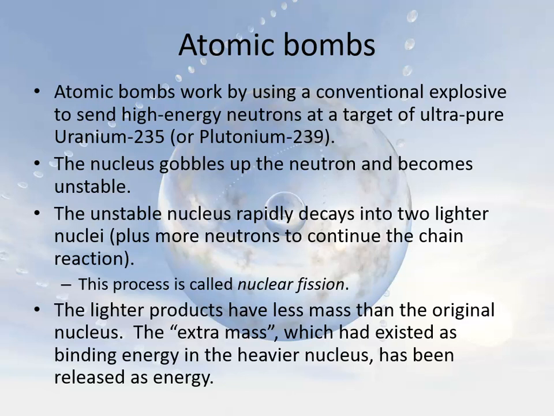And that extra mass is realized as energy by E equals mc squared. Some of that energy is released as heat and radiation, and other of that energy is put into the kinetic energy of the neutrons, which makes them smash into other uranium-235 nuclei and continues the process. In other words, it is a nuclear chain reaction, and you can get quite a lot of energy from this.